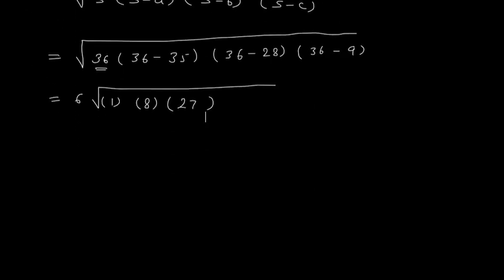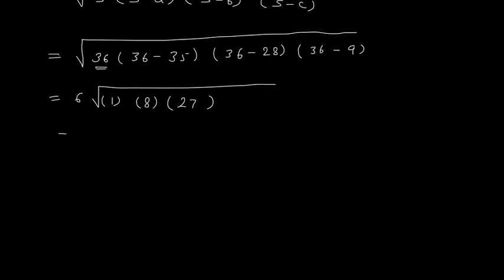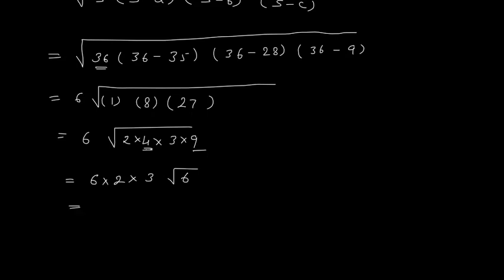So this will become 6 square root of 8, I will write 2 into 4, and 27 I will write 3 into 9. So this 4 I can take out as 2, and this 9 I can take out as 3, and inside I have 3 into 6. So 6 into 6 is 36, so this is 36 root 6. This is the area of one tile.